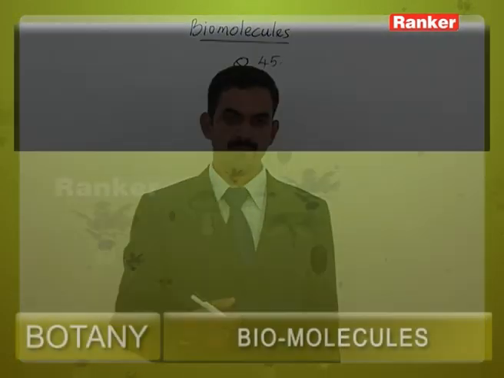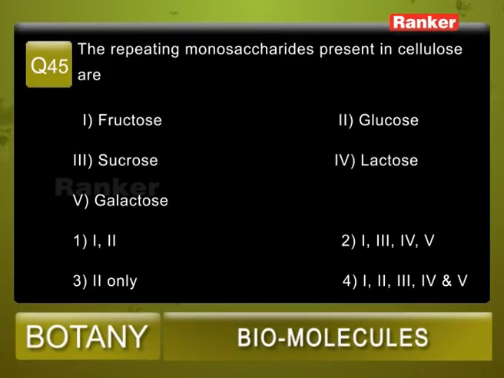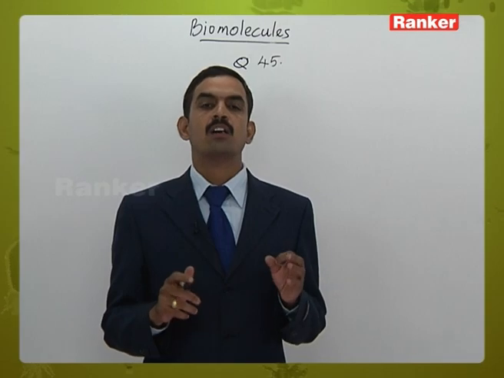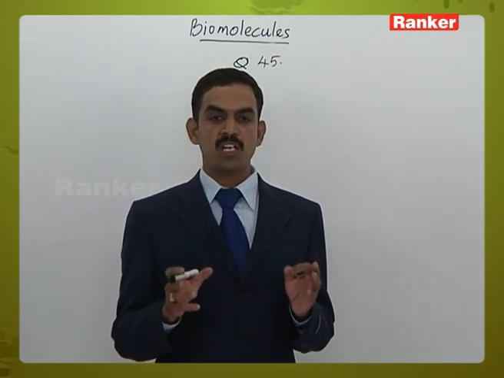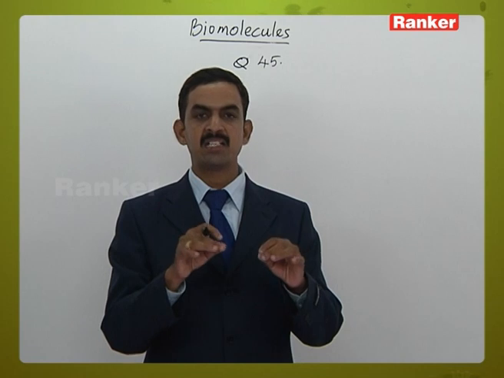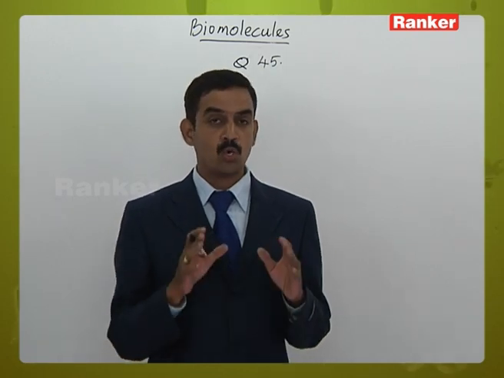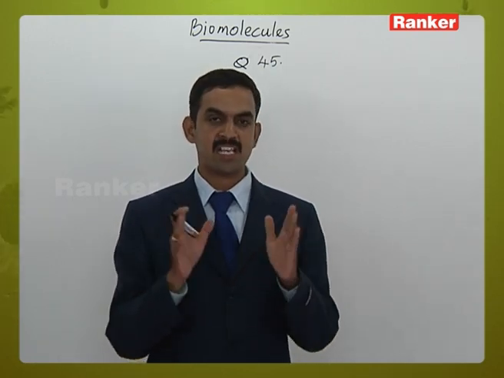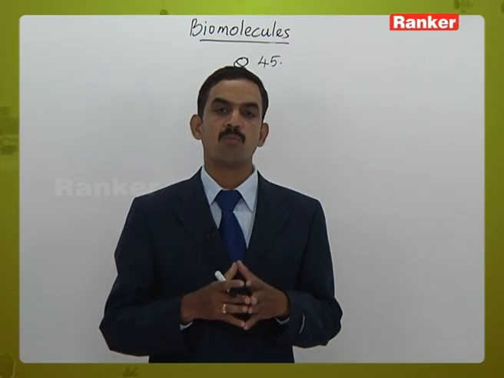Question number 45. The repeating monosaccharide present in cellulose are options 1 fructose, 2 glucose, 3 sucrose, 4 lactose, 5 galactose. Okay, here glucose is a molecule which is a monomer present in cellulose, and no other monomer is present in cellulose apart from glucose molecule.